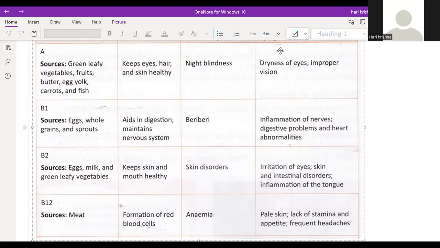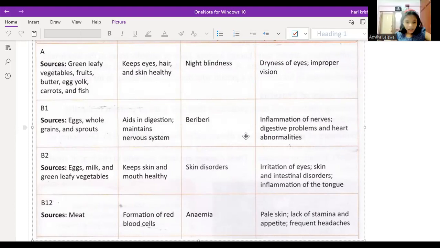So vitamin B2 plays an important role in the health of the skin, right? Yes, sir. Okay, next one, vitamin B12. Sir, formation of red blood cells. Sources: meat.